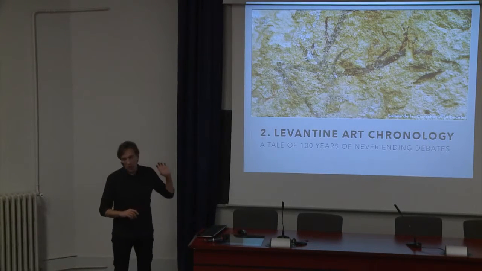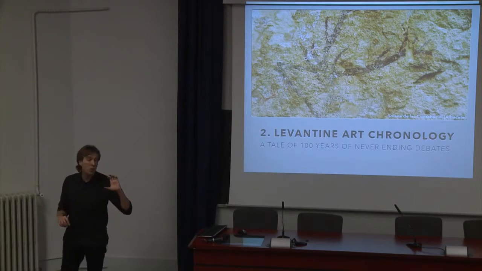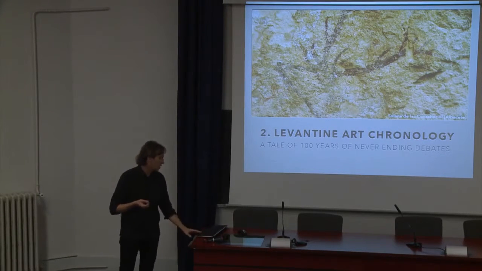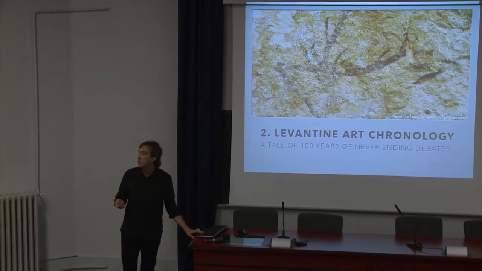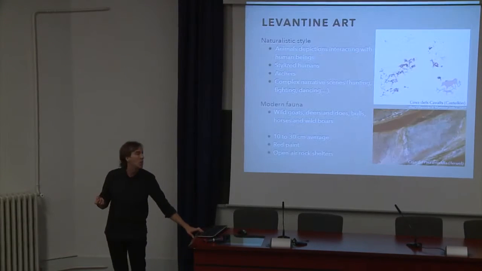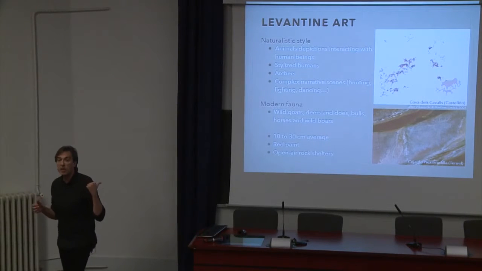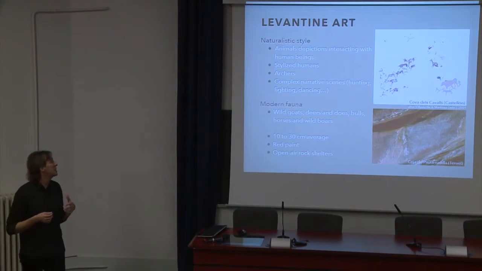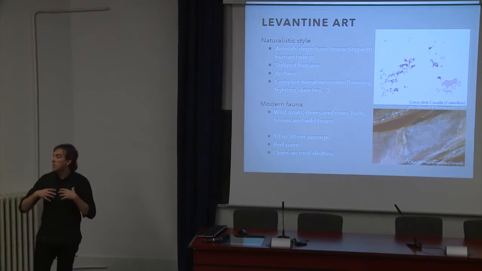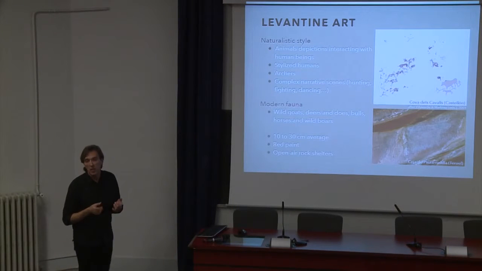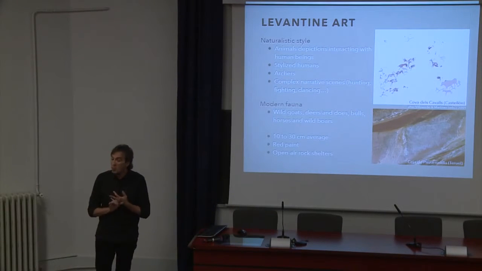Okay, regarding the problem of the Levantine art chronology, I'm going to try to explain something that is very complicated, because we have been discussing this for more than 100 years now. Well, Levantine art could be summarized like this. It is a rock art style with naturalistic figures, mainly animals and human beings.